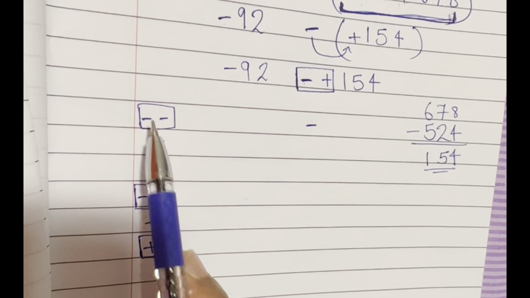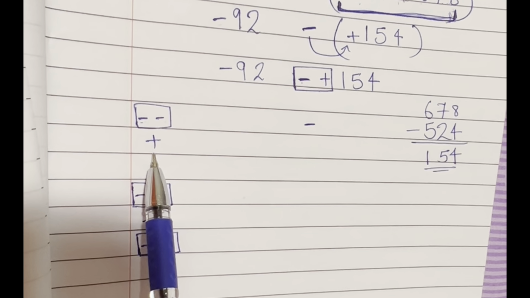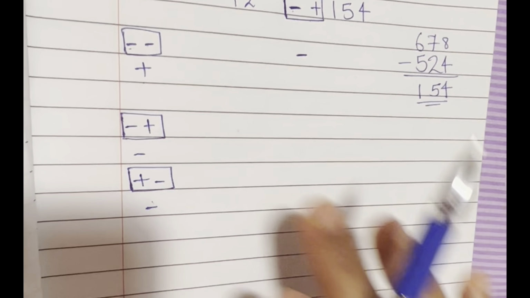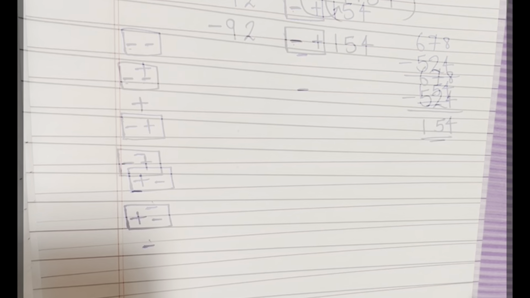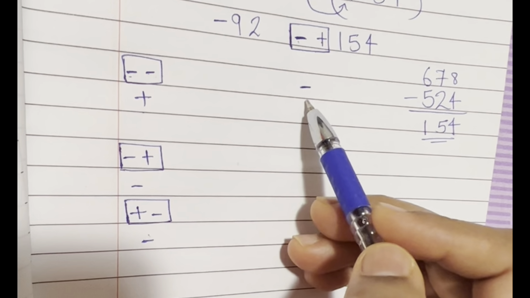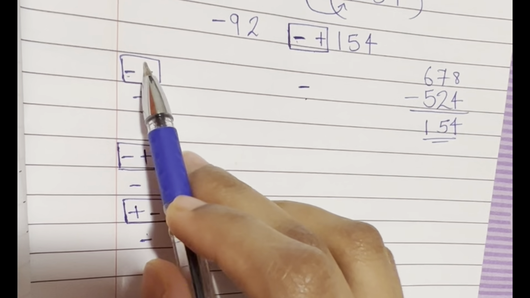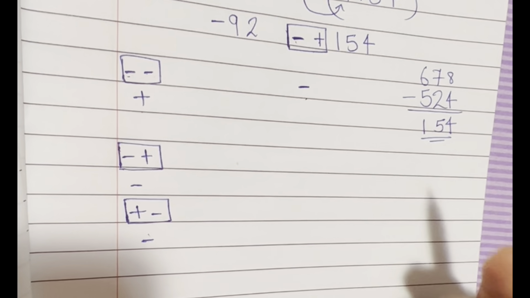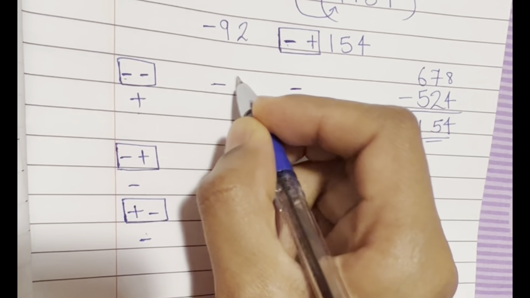So only when two minuses come together it becomes plus, rest everywhere it becomes minus. Simple. This rule you have to learn by heart. Now we are applying this here. Minus and plus come together, it becomes minus. So this becomes minus, rest we are writing as such.